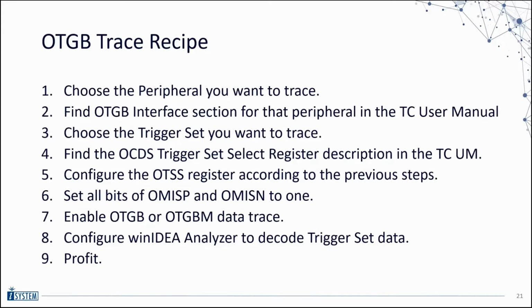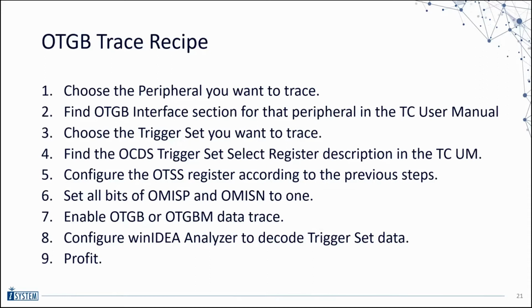These are the MCDS interface edge sensitivity bits, and by setting them all to 1, we say create a new OTGB message whenever any one of the trigger set signals changes. With that configuration in place, you can configure the data trace for OTGB. Lastly, you have to configure the WinIDEA analyzer to make sense of the recorded OTGB data. Since every trigger set is different, you have to configure how to interpret and visualize the data.